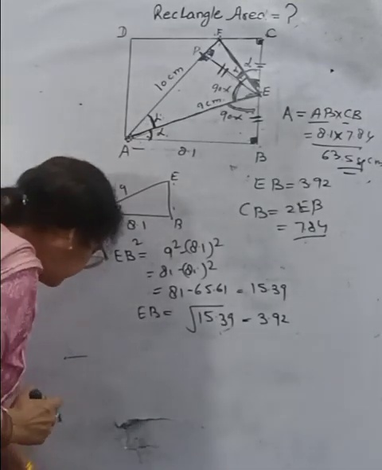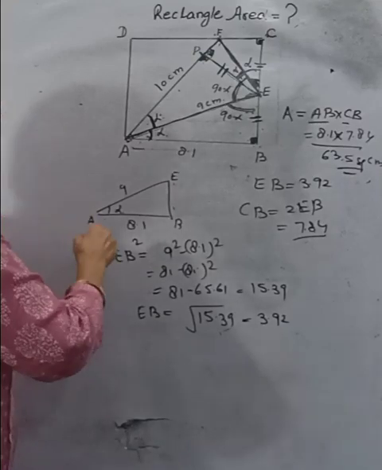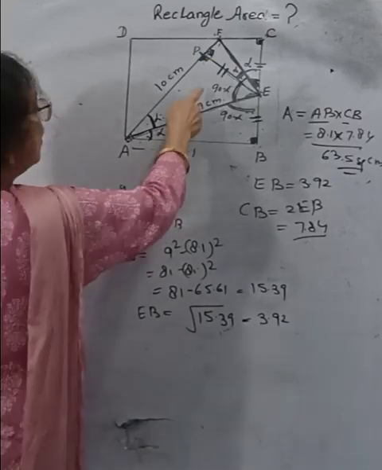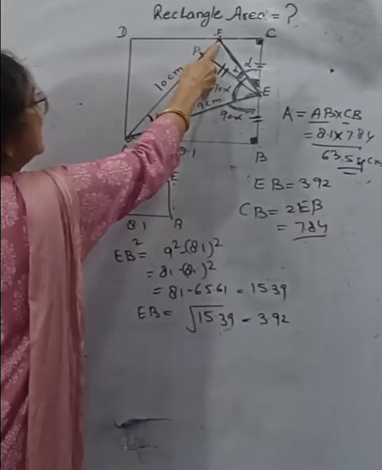Sorry, a trick is to be used on how we can compare the triangles, because this is a 90-degree angle and this is not a 90-degree angle.